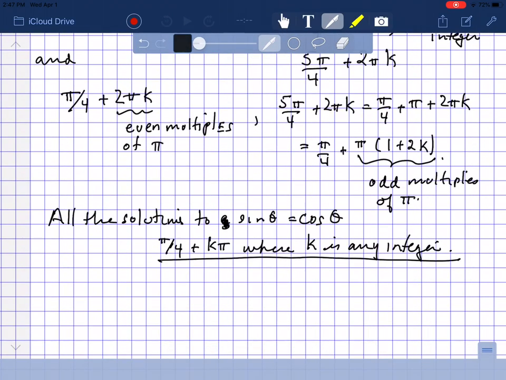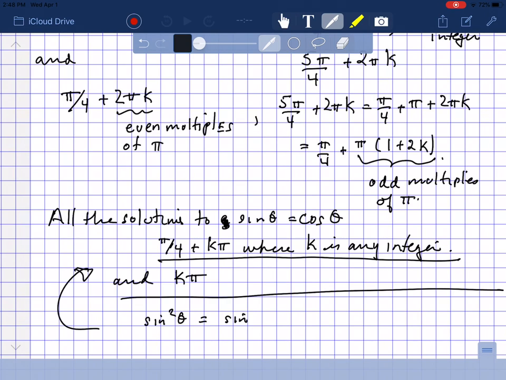Here it is, way back here. So the solutions to our original equation are given by pi over 4 plus k pi and k times pi. Again, k being any integer, right? So these are the solutions to our equation sine squared theta equals sine 2 theta divided by 2.